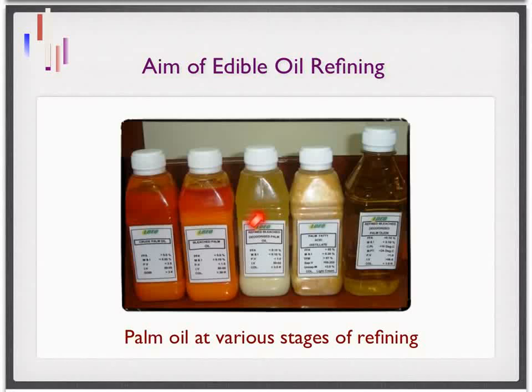You can see the color is much lighter. And this one is actually the oil after bleaching and after the deodorization process to remove as much as possible the color and the free fatty acid. So this is basically the refined oil, and this is actually the byproduct of the refining process, which is the fatty acid distillate, which can be processed further to produce other oleochemicals and to produce soap.